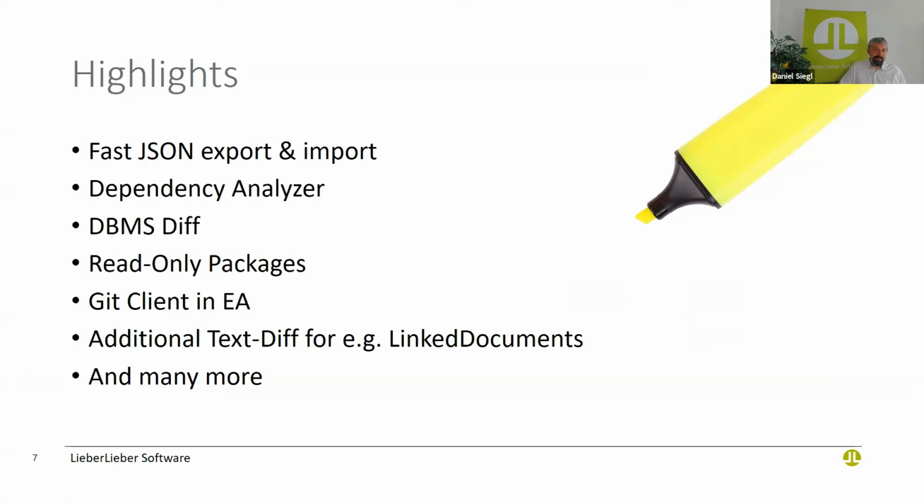We have the capabilities for read-only packages, read-only components. The Git client in Enterprise Architect got richer, more powerful. We have the text diff for the linked documents. Maybe you forgot by now because I told you so many things in so little time, and many more little features.